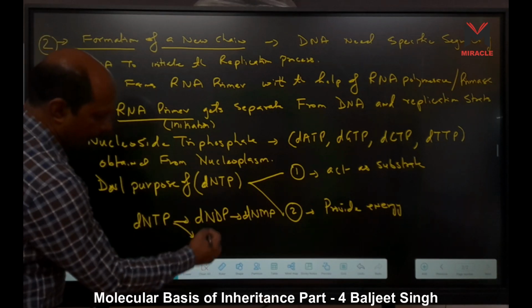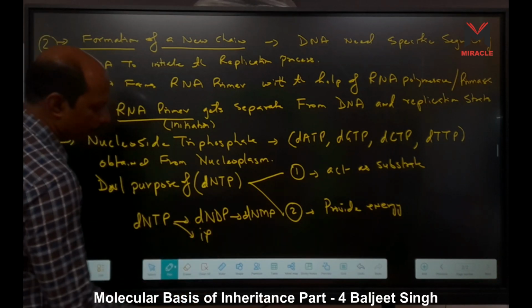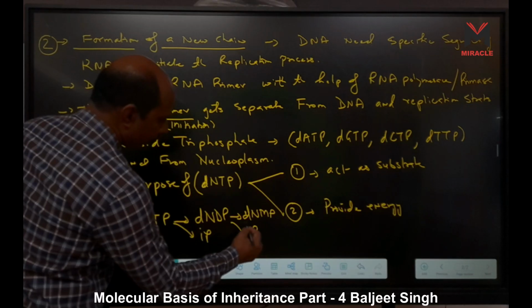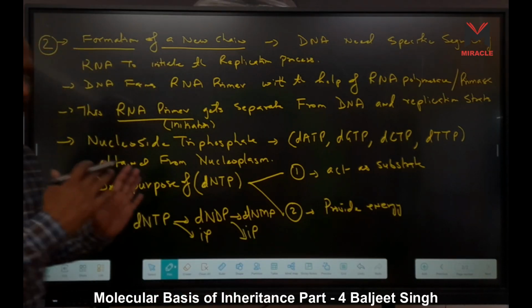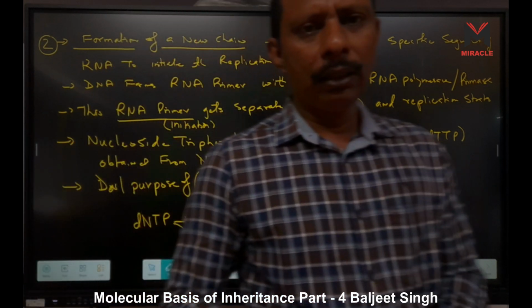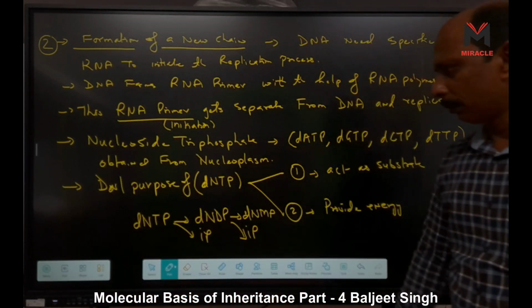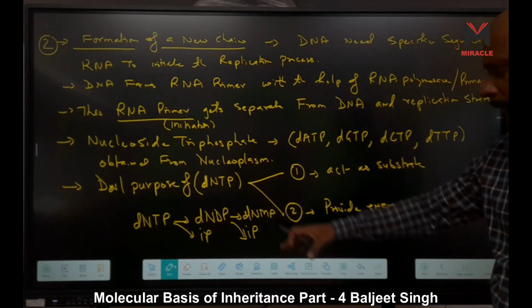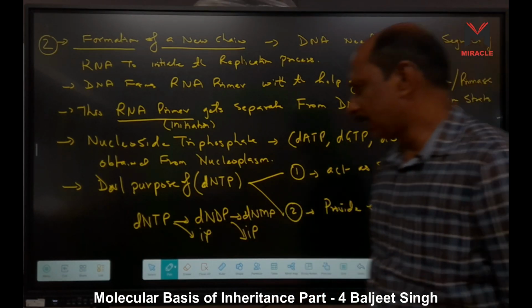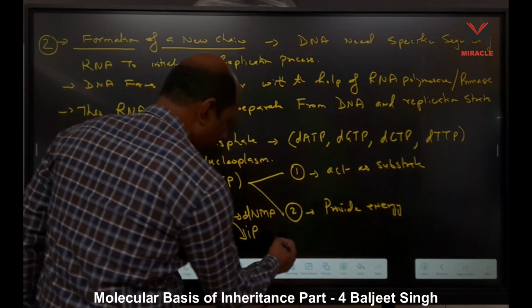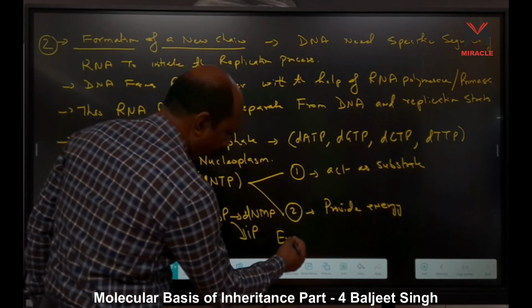One inorganic phosphate is removed. Here again one inorganic phosphate is removed. Right? It is also enzymatic activity, and the enzyme which is required for releasing these two phosphate groups, which enzyme is required here? This enzyme name is pyrophosphatase.